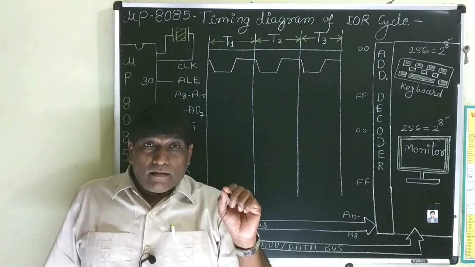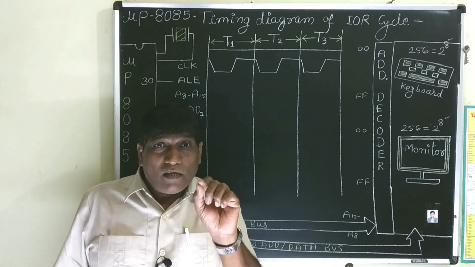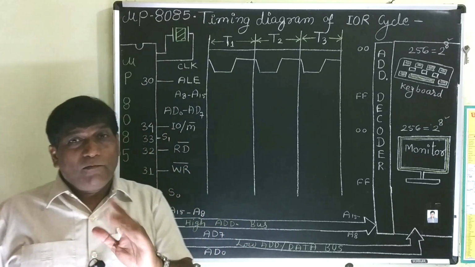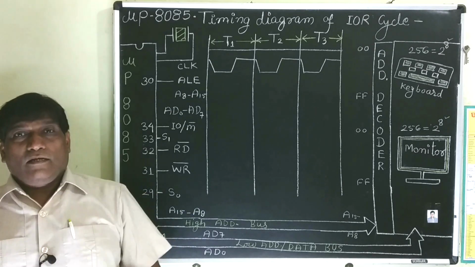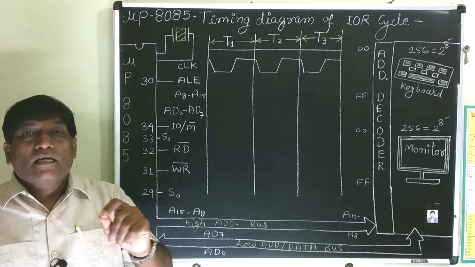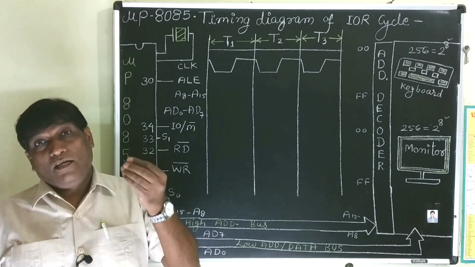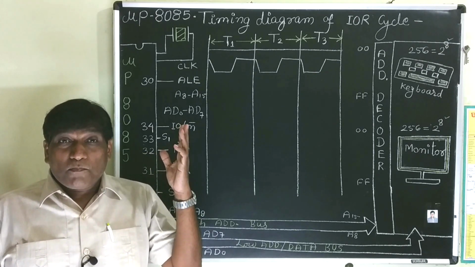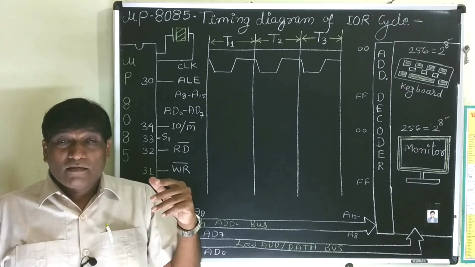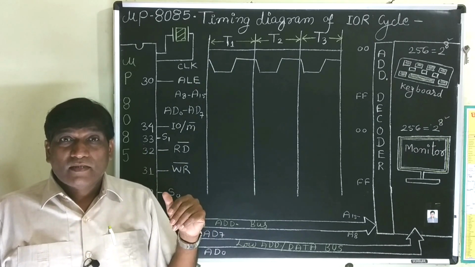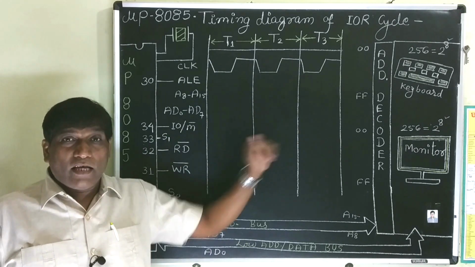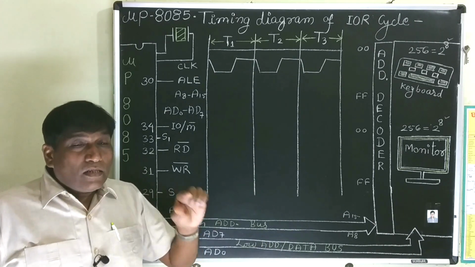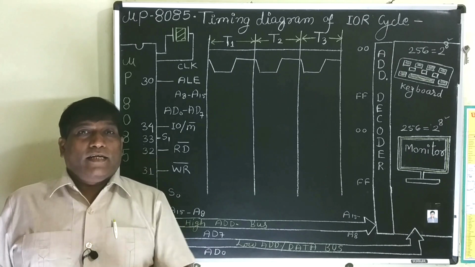That means the input device and output device can have the same address, because differentiation will be done by the control signals, the IO read signal and IO write signal, as we remember from pins 5 and 6 at the decoder logic. At number 5 we have IO read, at 6 we have IO write.